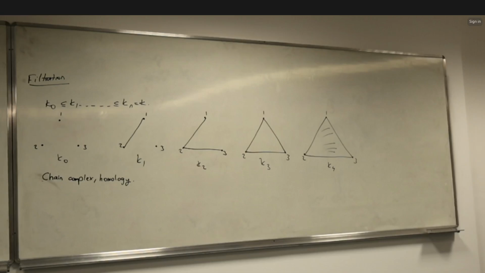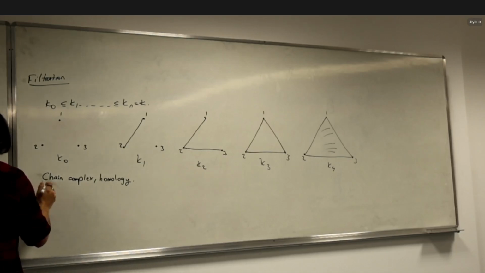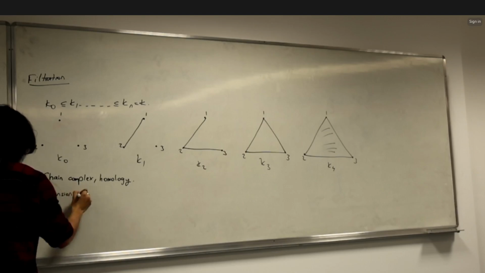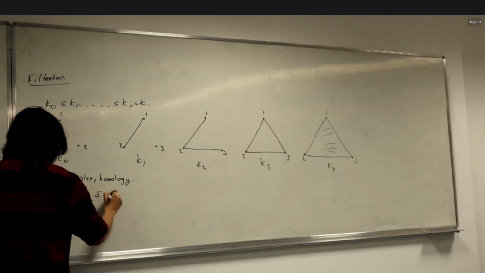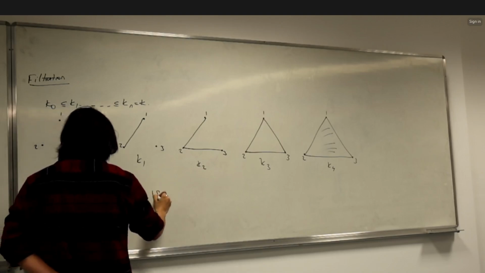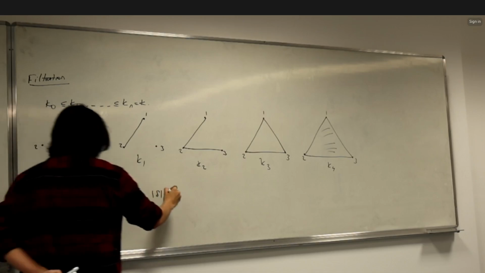For every simplex, we can define its dimension: the dimension is k if the size of the simplex is k plus 1.